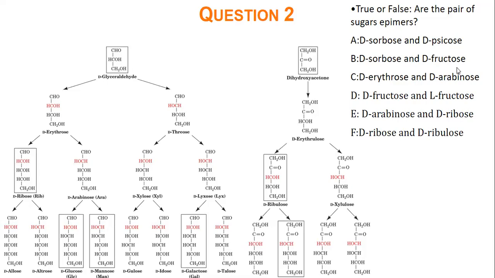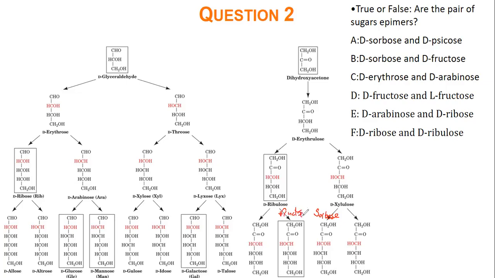And I will start with A, sorbose and psychose. So we know what we're doing here. We're looking for sorbose. Sorbose is down here. Some of the names are cut off, so let me redo that.